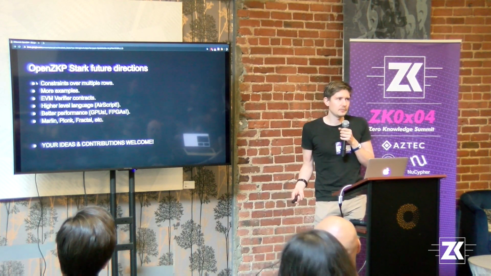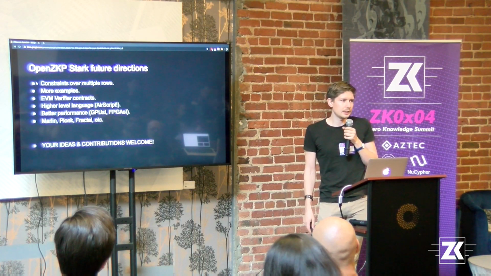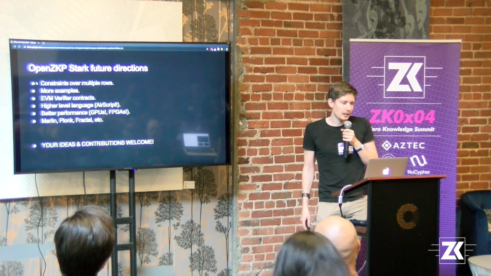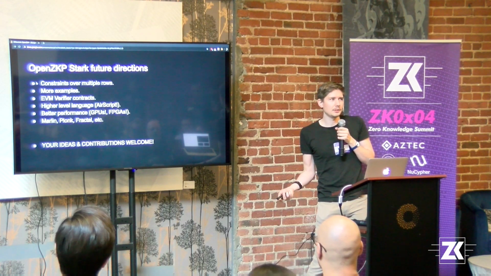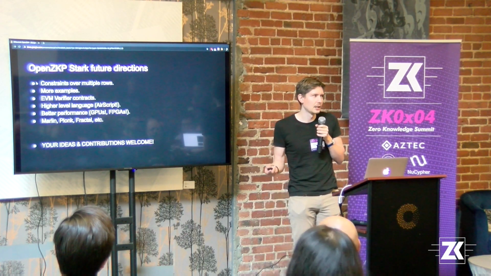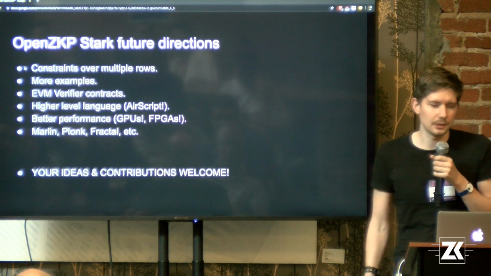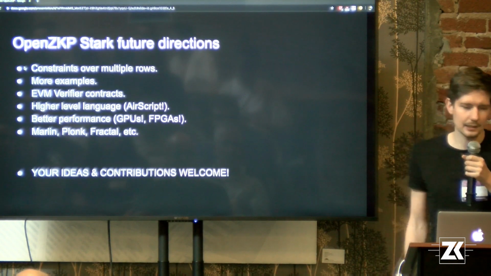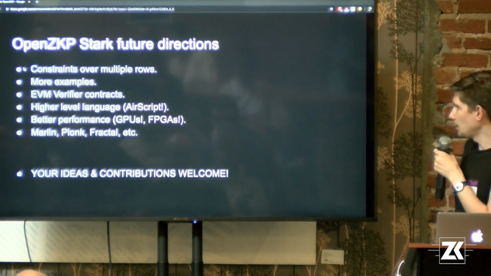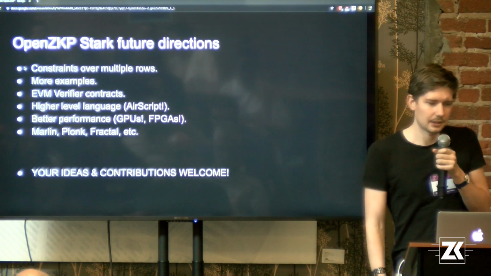We want to build EVM verifier contracts, ideally automatically generated from the constraint system. A higher level language will be interesting because, as you saw, this is a pretty low level and awkward way of dealing with things. There was just a really great talk on AirScript, which is a very promising direction in doing this, so we'll probably end up implementing that. Performance should already be pretty good, but it can always be better.